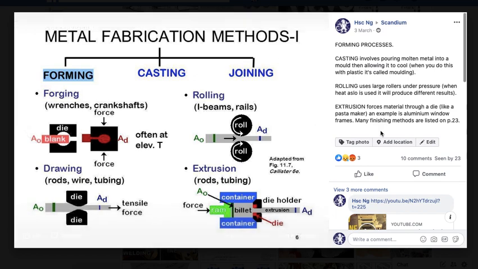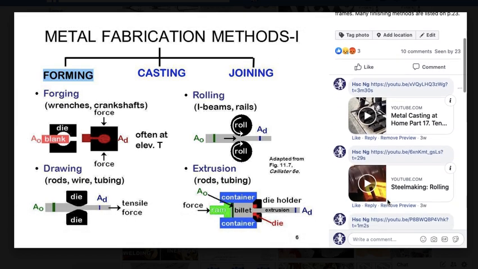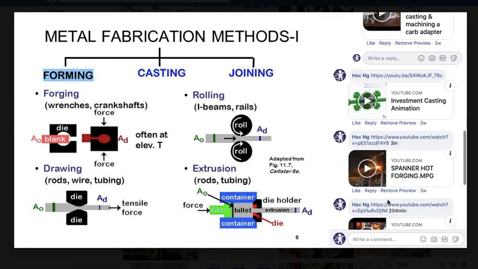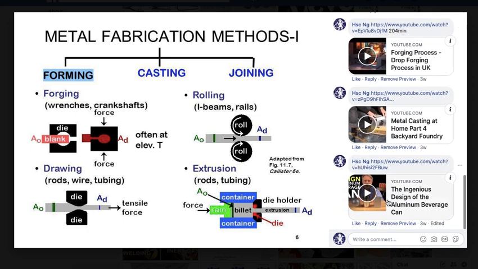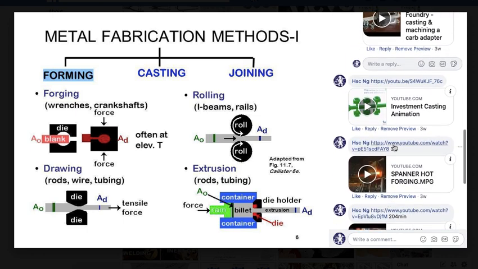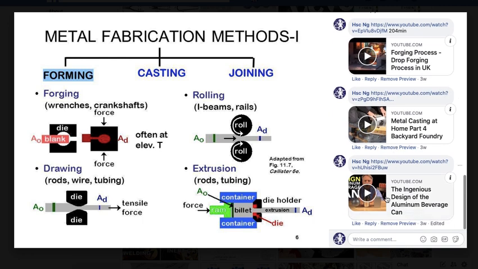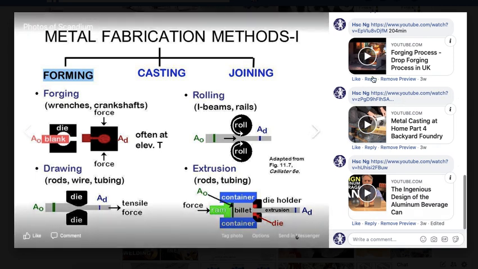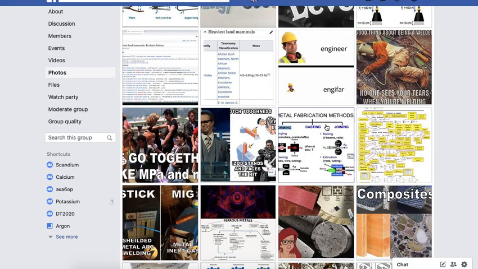You should be familiar with an example of each of these, and there are videos you can watch if you're not entirely comfortable with those things. Investment casting is worth pointing out, and that aluminium can is just an interesting video, but it's not something we're really going to focus on until year 12. But often I like to have things ready for later.